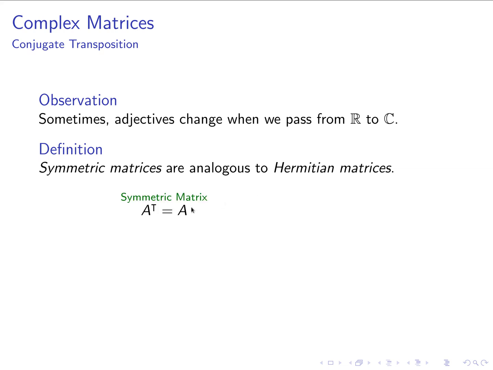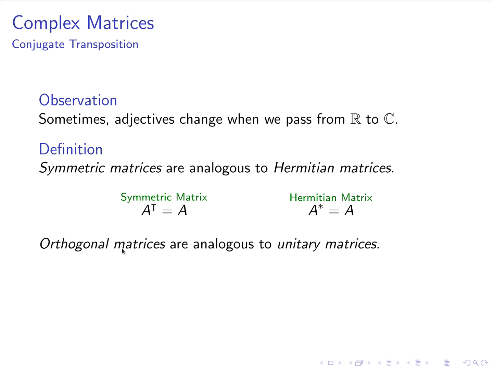A symmetric matrix is defined by the property A transpose equals A. A Hermitian matrix is defined by the property A star equals A. Also, orthogonal matrices in the world of real matrices are matrices whose transpose is equal to their inverse.